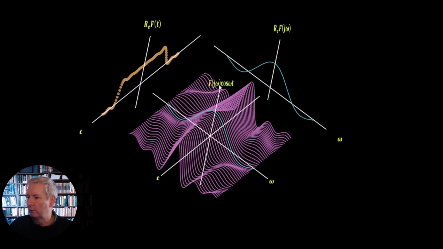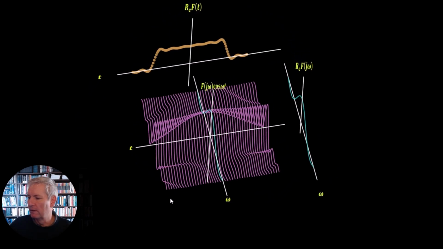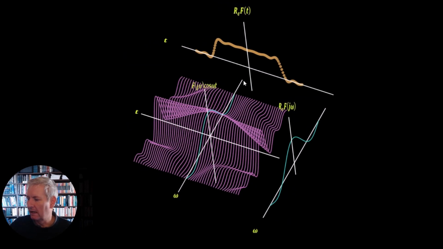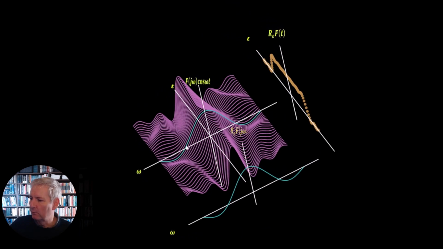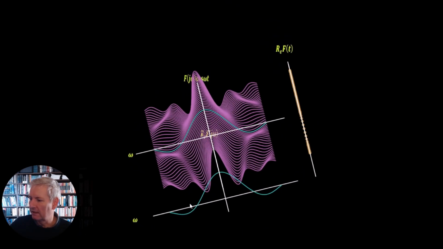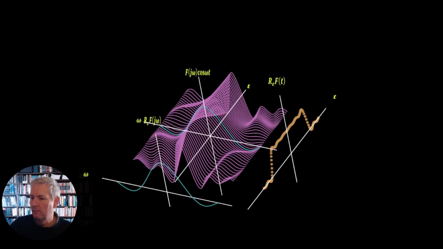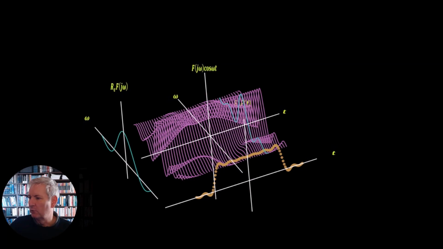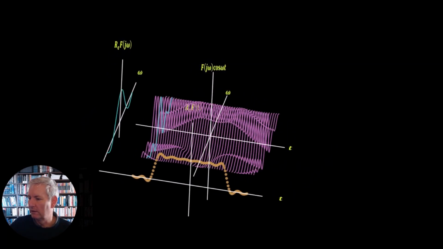And then what we're going to do is integrate this function from this point here to this point here along the omega axis. So you can see that the little blue function here is actually just the same as the blue function here, but it can move along the F of j omega cos omega t surface, and you see that moving along there.